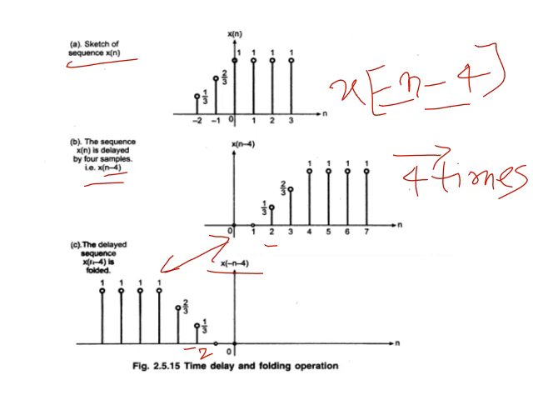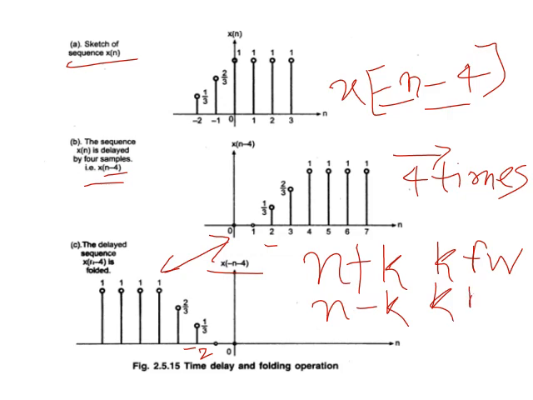Simply there is no intelligence part, there is no very deep concept. n plus k times forward, n minus k times backward.